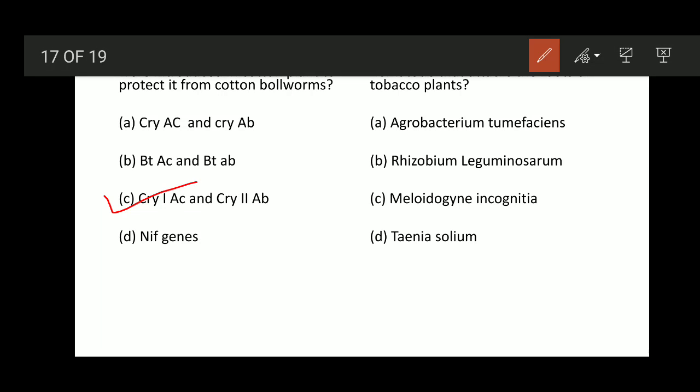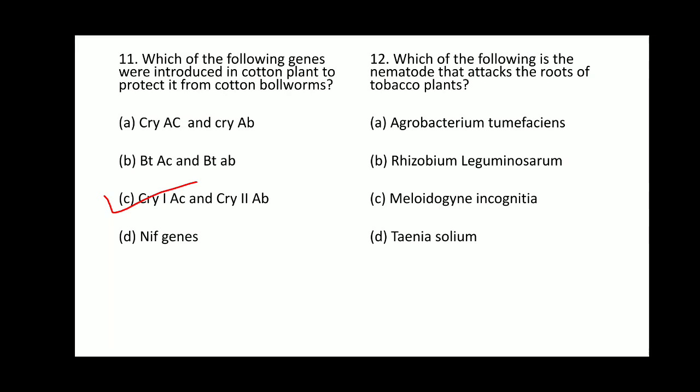Then question number 12. Which of the following is the nematode that attacks the roots of tobacco plants? Option A, Agrobacterium tumefaciens. Option B, Rhizobium leguminosarum. Option C, Meloidogyne incognita. Option D, Taenia solium.